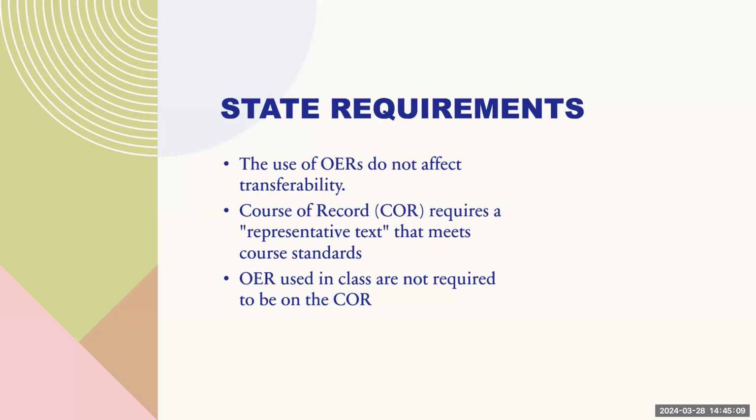As long as it's meeting the objectives for the course, it doesn't matter what you use, as long as it can support the objectives and the outline of the course. Also, you don't have to have OER on the course of record, although that is preferred on campus. There are a lot of teachers that have been using OER for many years and are not listed on the course record, but that's something we'd like to encourage.